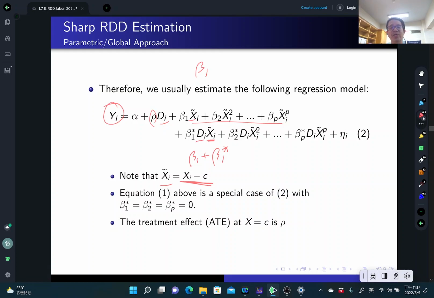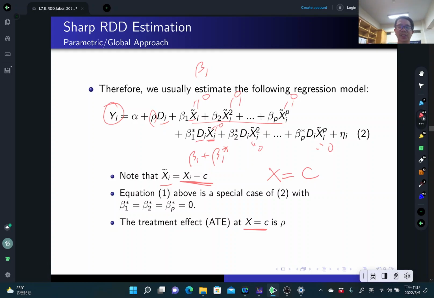That has a very important benefit, because usually we want to estimate the causal effect at the cutoff, when x is equal to c. In that case, all these terms become 0.